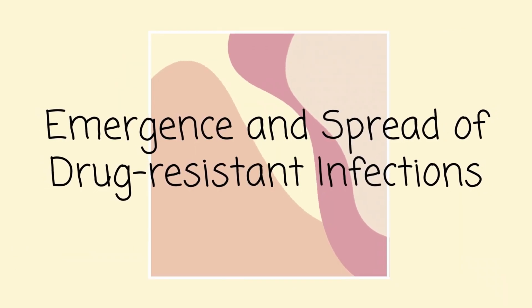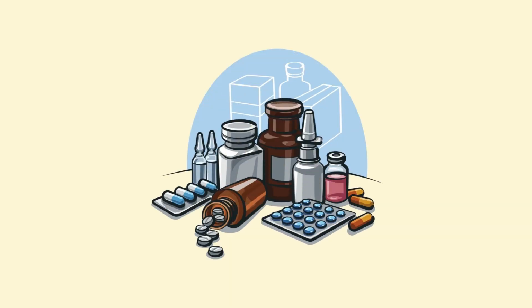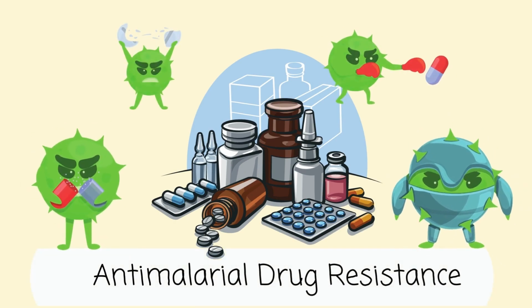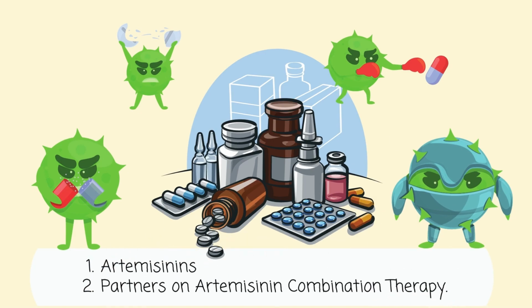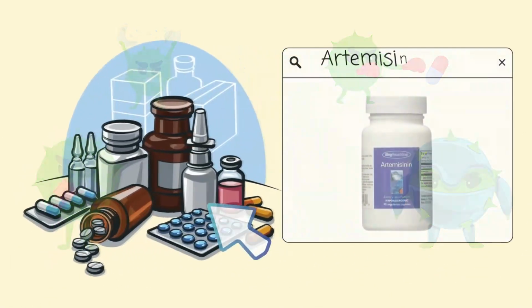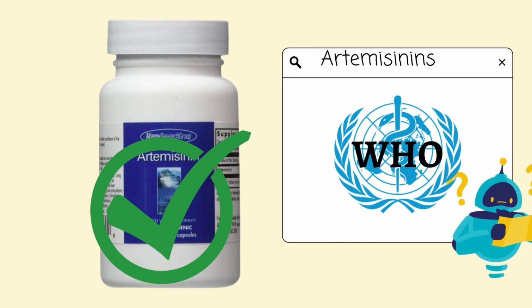There are multiple diseases that are developing or have already developed resistance to the existing drugs. Among them is anti-malarial drug resistance, where malaria-causing protozoans are resistant to artemisinin and partners in artemisinin combination therapy. They are the first line of treatment advised by the World Health Organization.